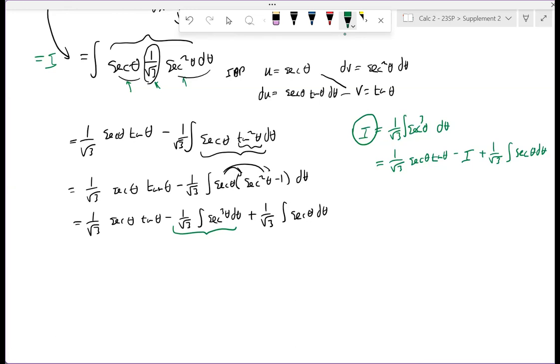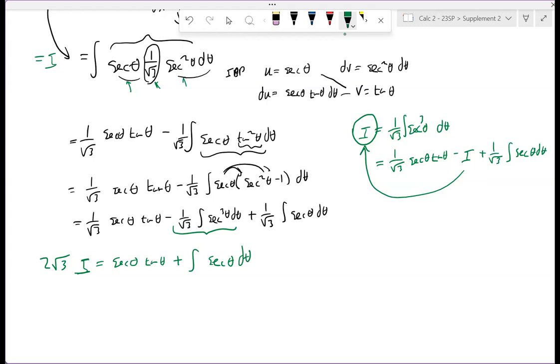But I note that 2I equals this stuff on the right-hand side, the secant tangent, plus this integral of secant, or 2 root 3 I. Let's go that route so I can stop writing all these root 3's. 2 root 3 I equals secant theta tangent theta plus, so I multiplied by the root 3, so I just need the integral of secant theta d theta.